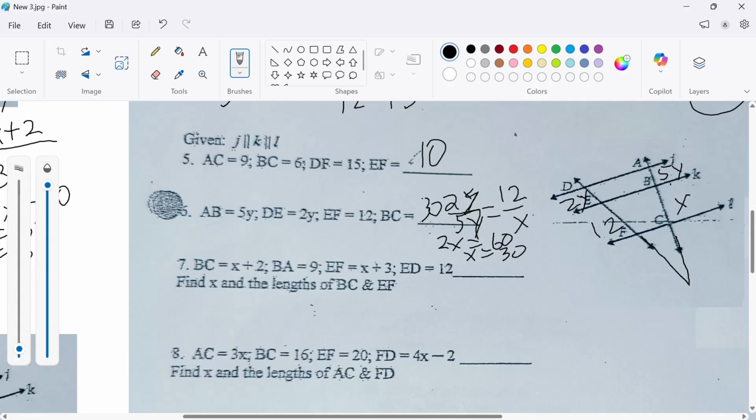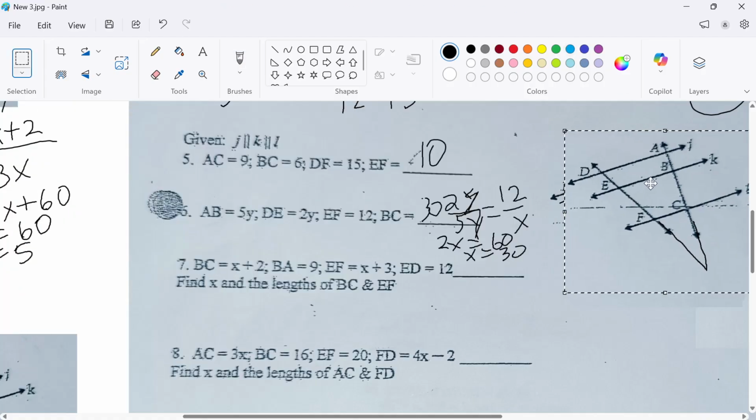I don't know if that gives me any information. Well, y is y, so x is 30. 2.5 times 12 is 30. Yeah, 2.5 times 2 is 5. Okay, works good.